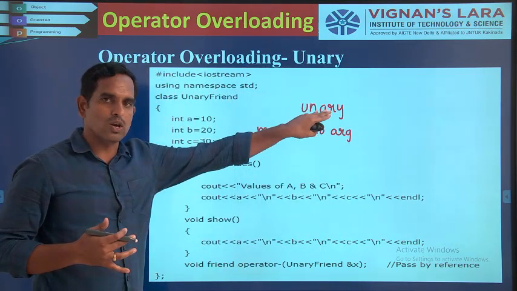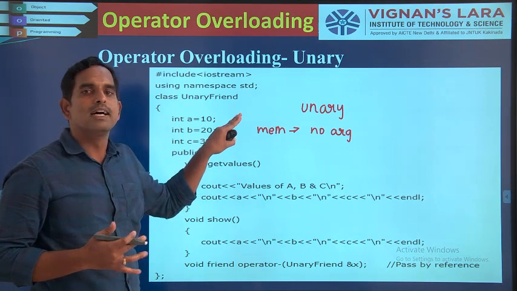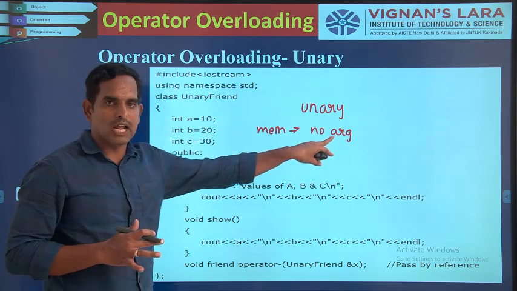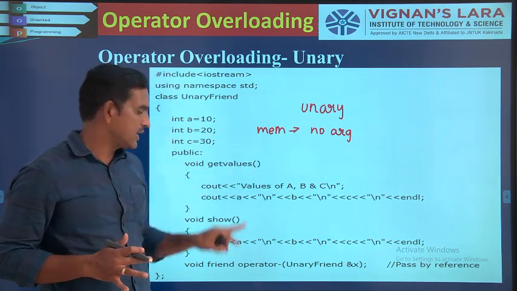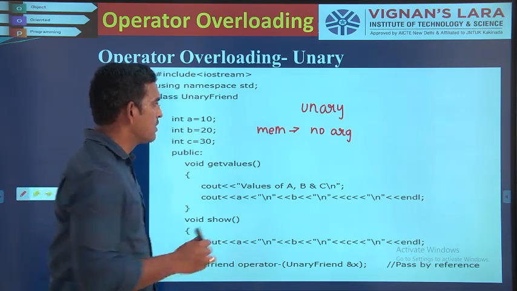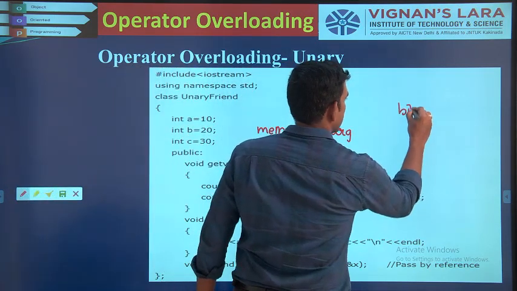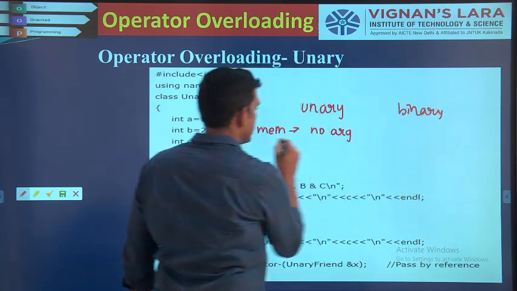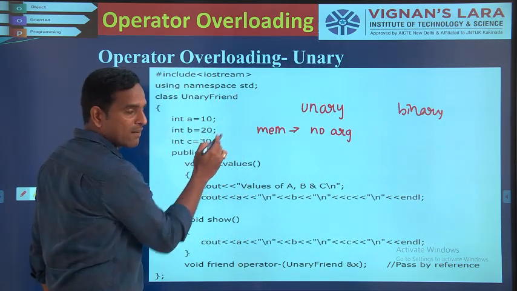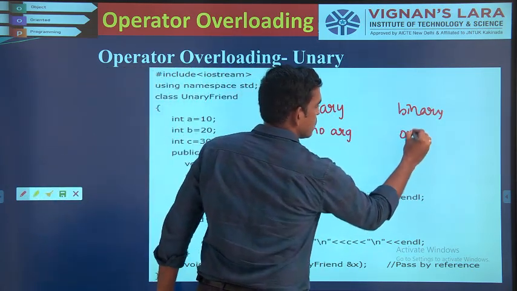That is, when you are overloading your unary operator as a general member function, you will not be passing any arguments in your operator function. While overloading your binary operators as a member function, you will be passing one argument.